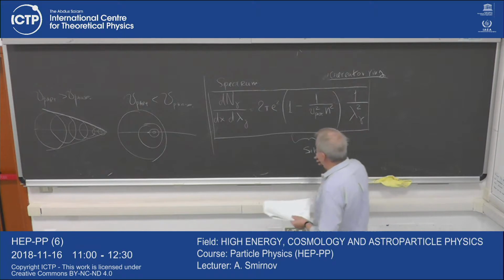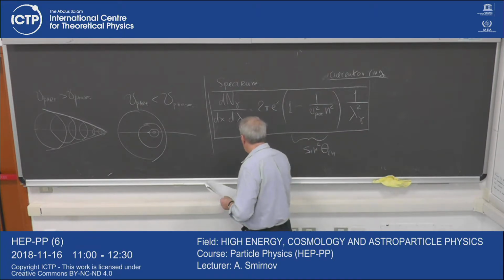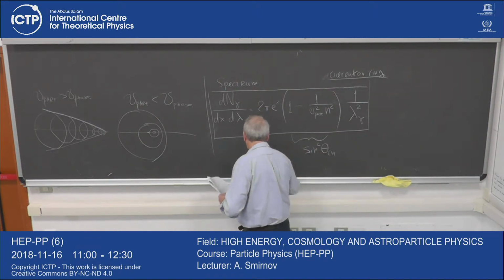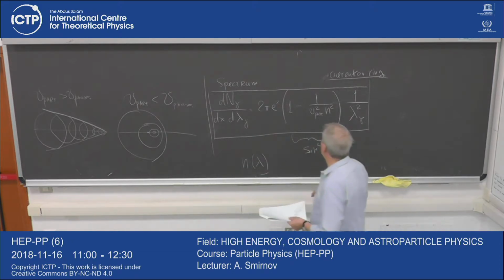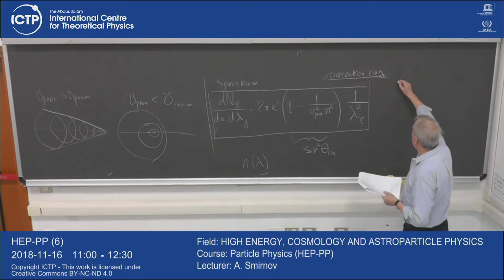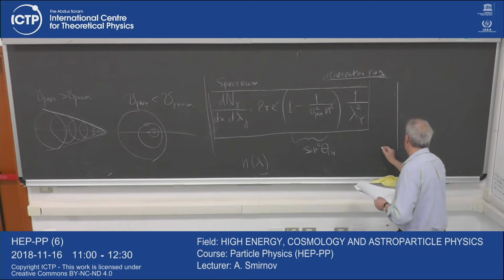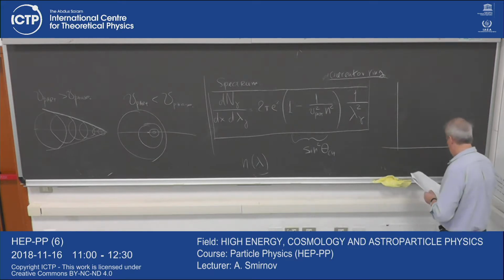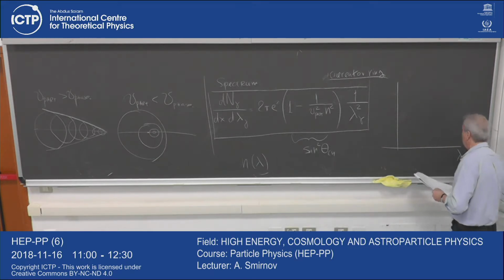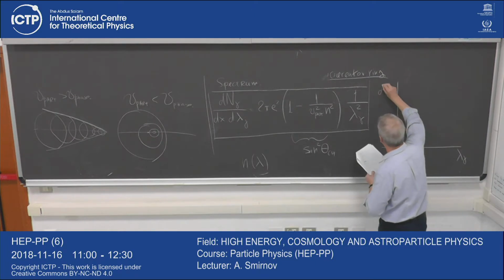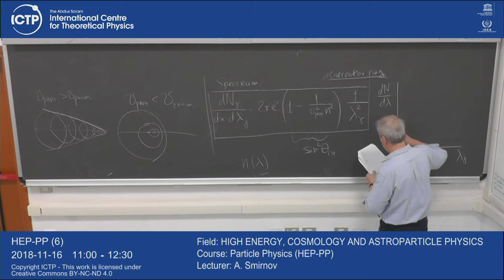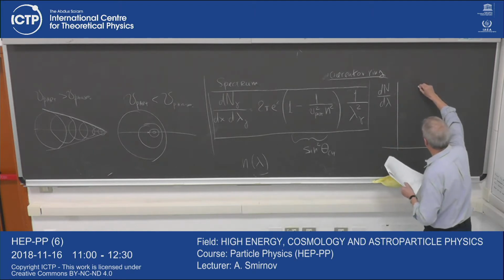One should notice that the refractive index depends on the wavelength. So it changes, and therefore if you depict the spectrum, this is lambda gamma, and here is dN over d lambda, it has the following form.